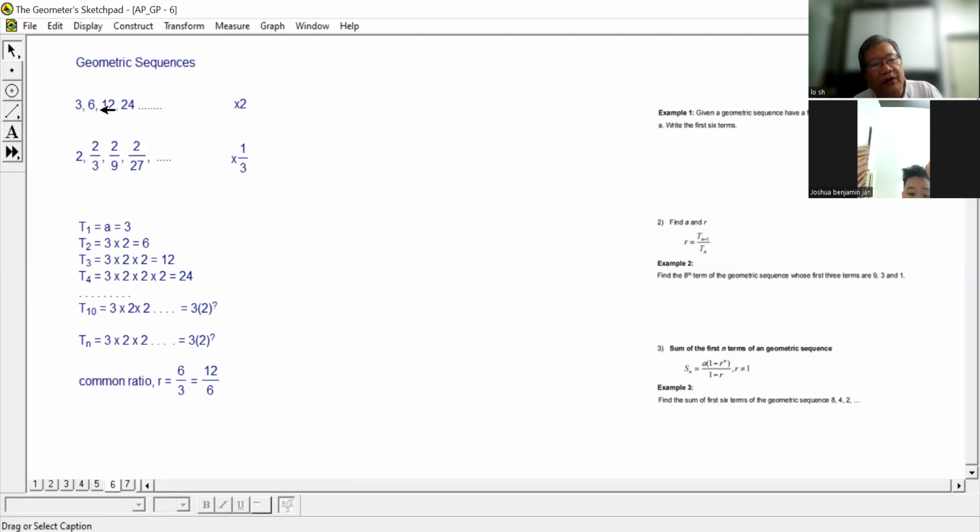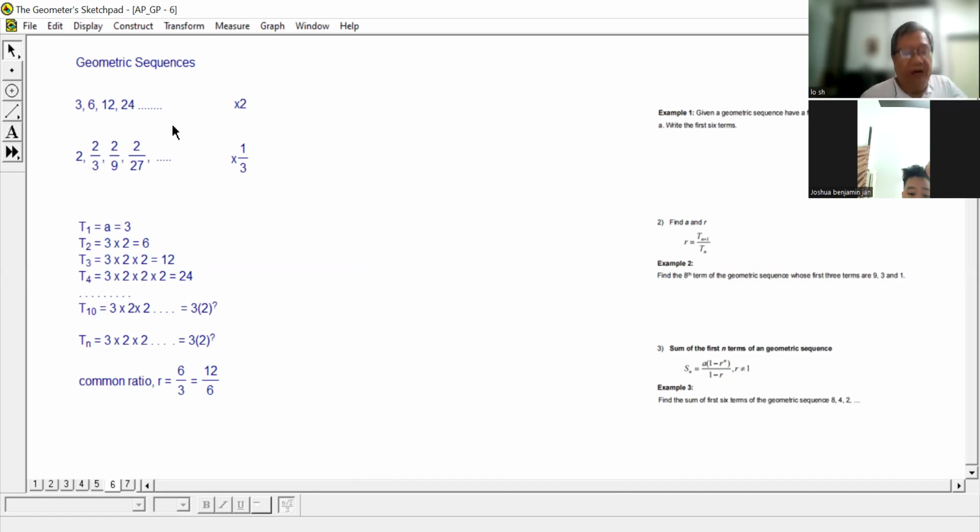One is called the arithmetic sequence, another is geometric sequence, and the last one is the square: 1 square, 2 square, 3 square, like that. So square sequence. You look at this sequence here. This sequence is called the geometric sequence.